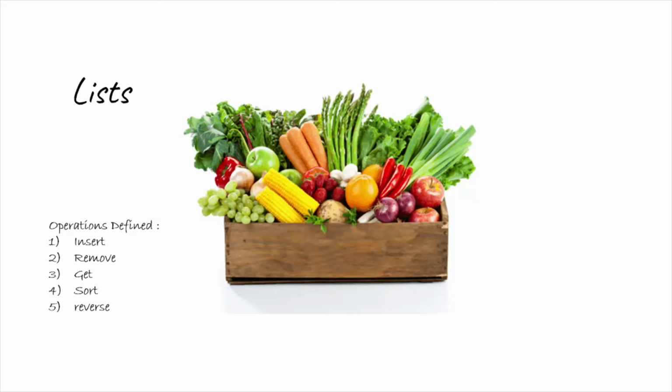If we are allowed to do such operations, then the data type is called list. We can store any primitive data type in a list simultaneously. Unlike stack and queue, this gives us the freedom to access, add and replace an item from the middle. We can perform the following operations on list: insert, remove, get, sort and reverse.